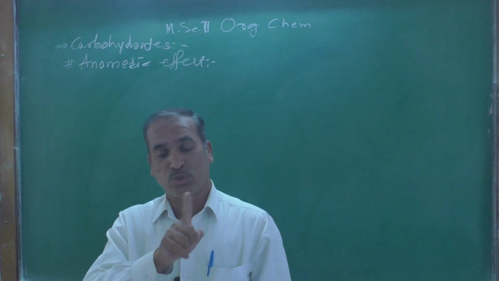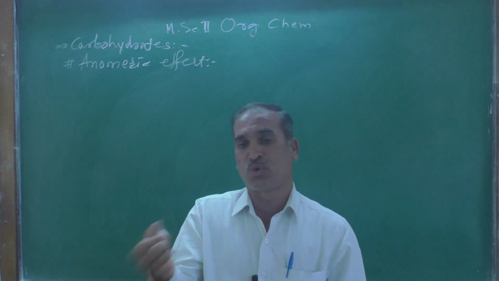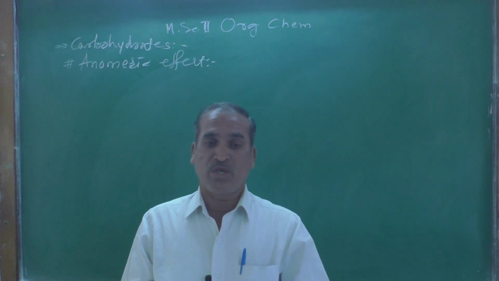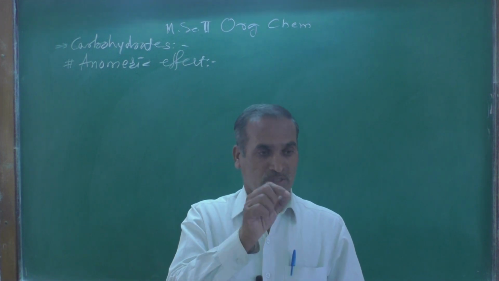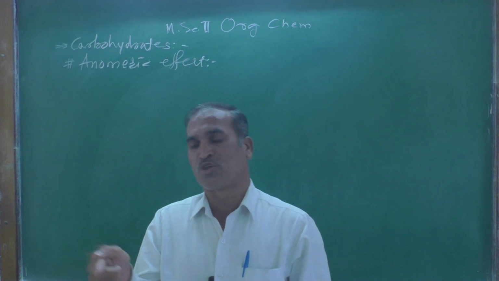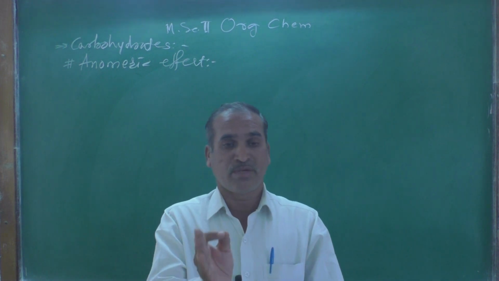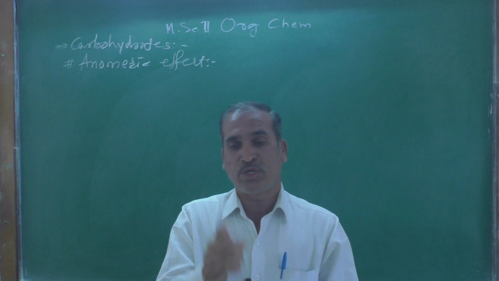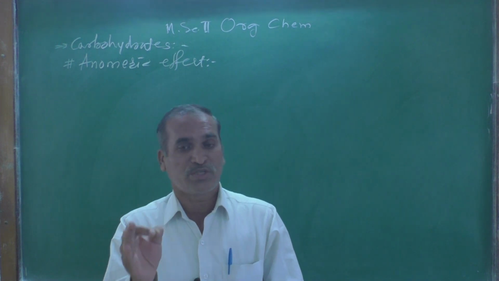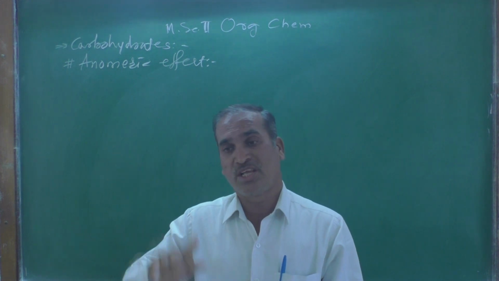I already told you at the beginning, when alpha D-glucopyranose and beta D-glucopyranose are formed, which anomer is more stable. Which form is the most stable, we will study later on.